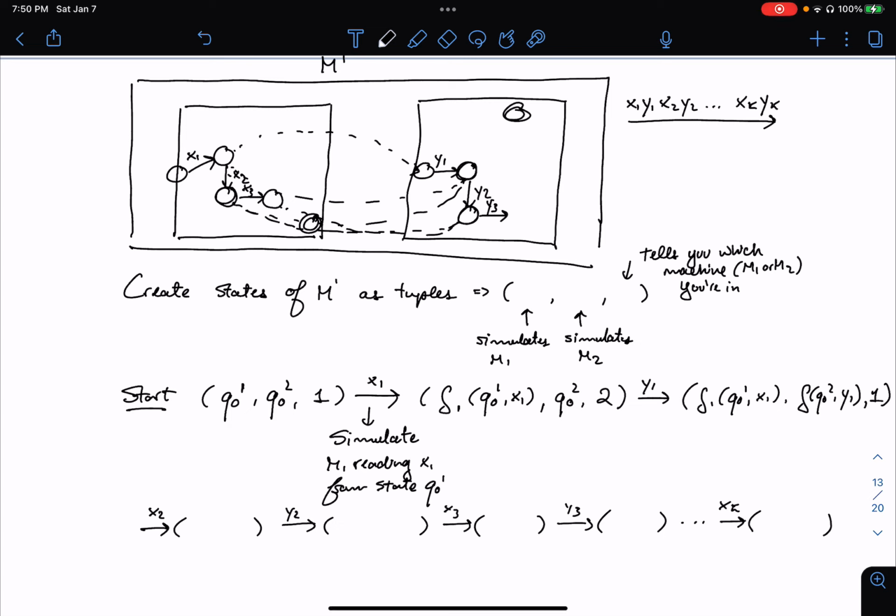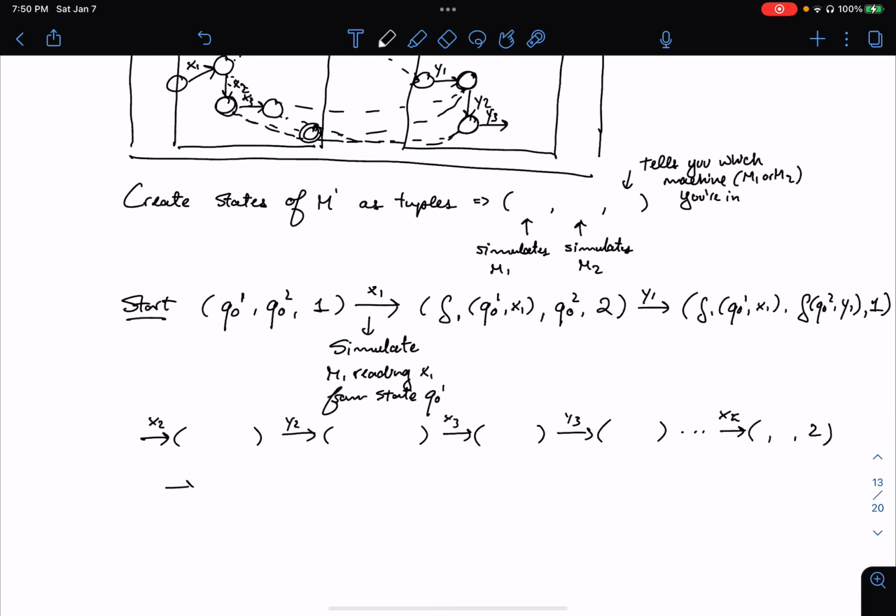When I read XK, that means I'm going to the machine M2. And then I read the last string in L2, YK, which because I'm in M2 means I'm going back to the machine M1. And now where do I need to be?